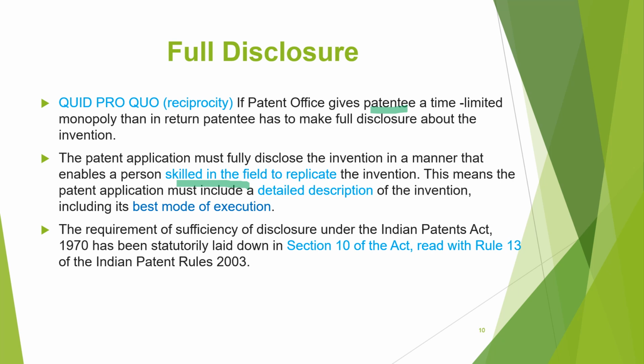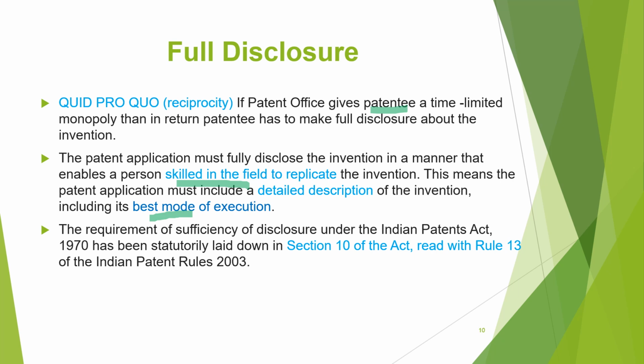It should include a detailed description of the invention, including the best mode of execution, how that result can be achieved. The requirement of sufficiency of disclosure under the Indian Patents Act 1970 has been statutorily laid down in Section 10 of the Act, read with Rule 13 of the Indian Patent Rules 2003.